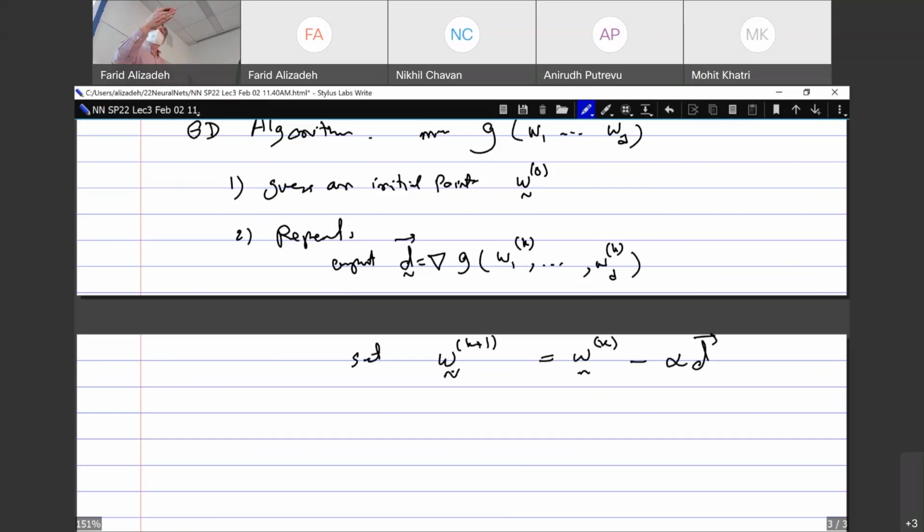Take the derivative, go in the negative direction a little bit, by alpha, and that's the new point. Take the derivative again at this new point, go in the direction. So that's basically the idea.